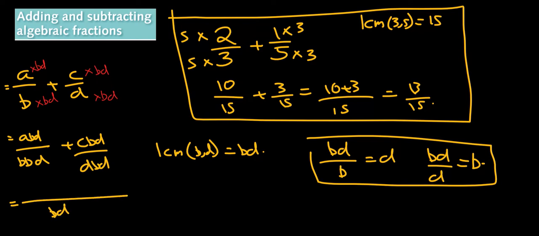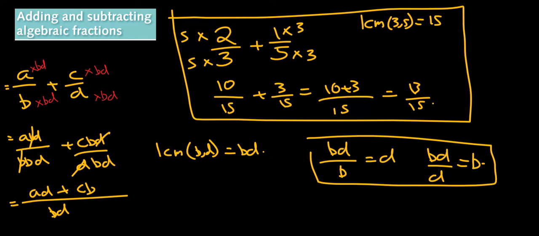So we can see that the b's cancel here. There's a bit of a mess there. Let's rewrite that as dbd, and the d's cancel here, and we are left with ad plus cb all over bd.